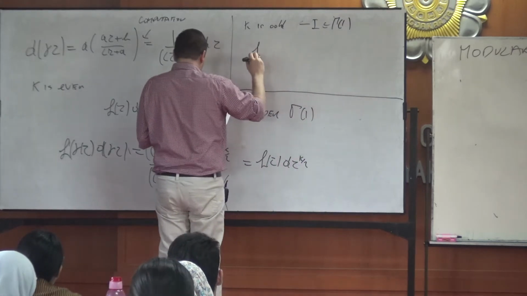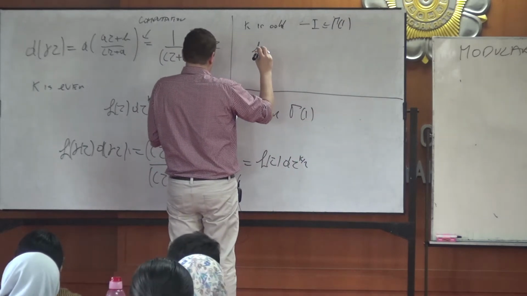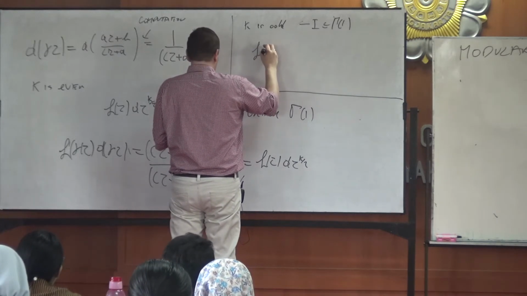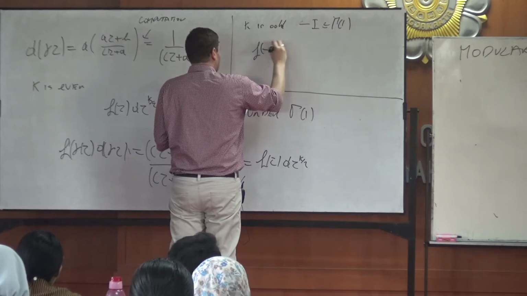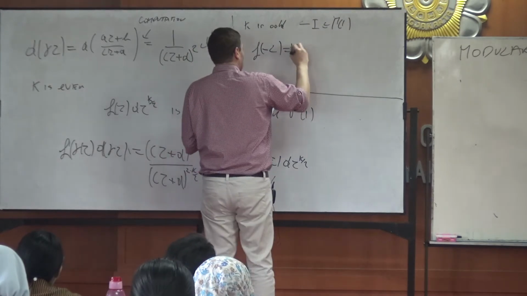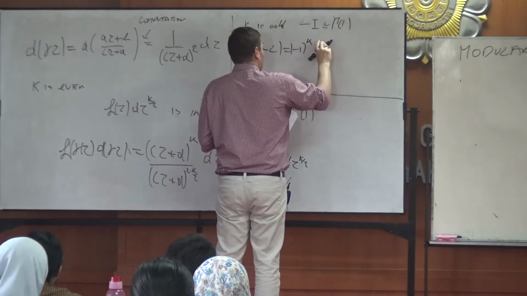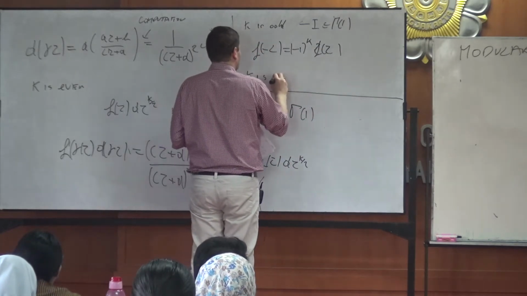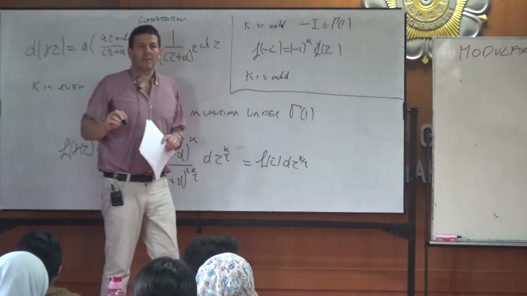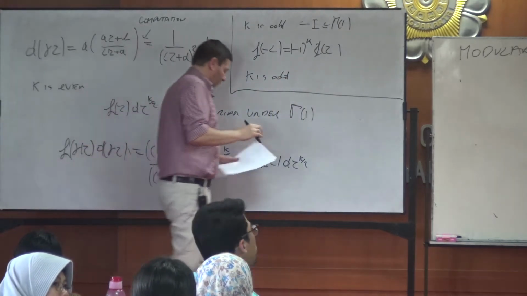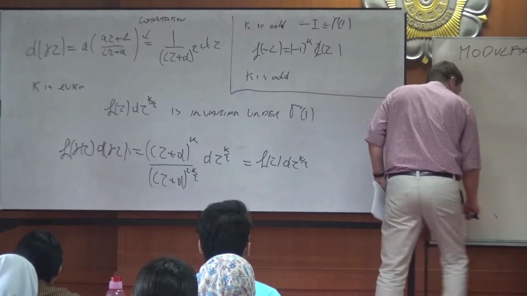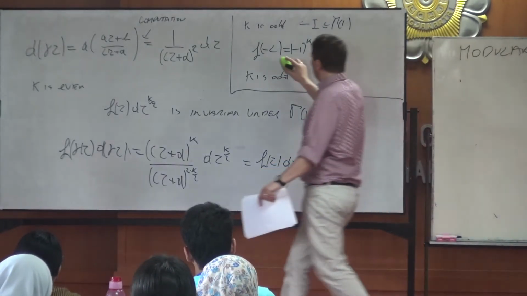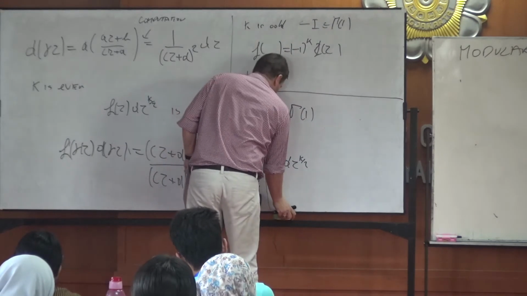You get that f of tau has to be equal to minus 1 to the k f of tau.